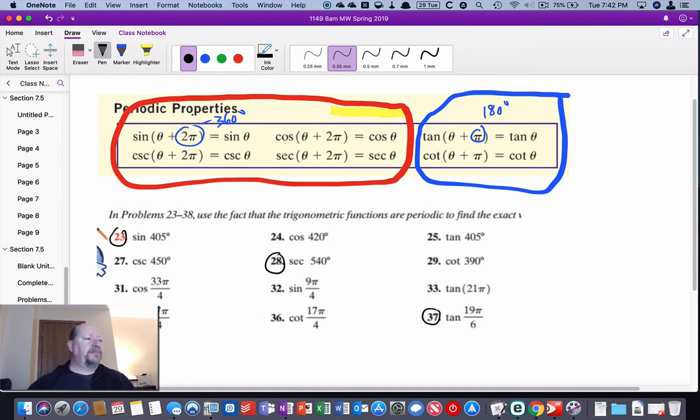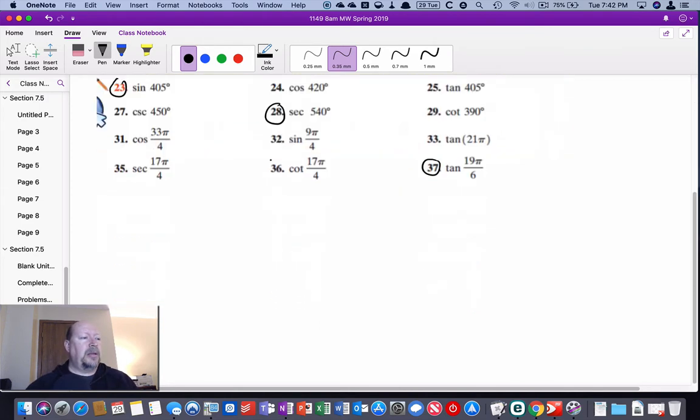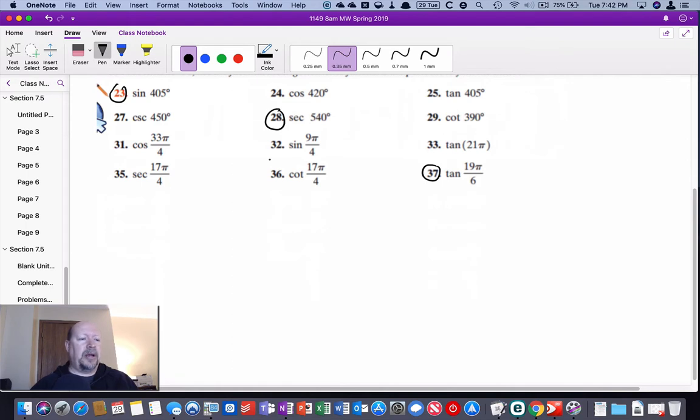So for example, what this chart is telling us is that the sine of theta plus 2 pi, or if we were in degrees, the sine of theta plus 360, is the same thing as the sine of theta. Let me illustrate with a diagram real quick. Let's put down a coordinate system and draw in a 30-degree angle.